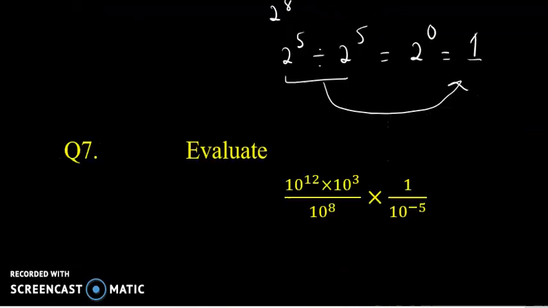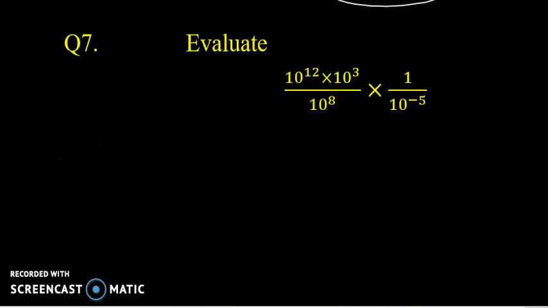Alright, let's try number 7, evaluate. So we should come up with a single number. Right here, this will be 10 to the power 15 over 10 to the power 8 times 1 over 10 to the power negative 5.